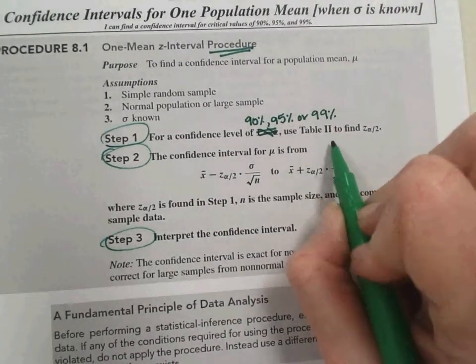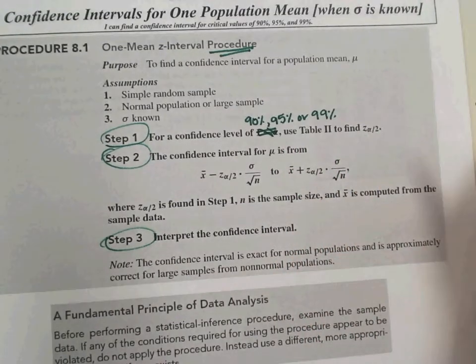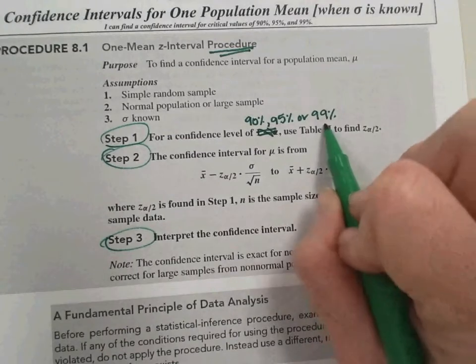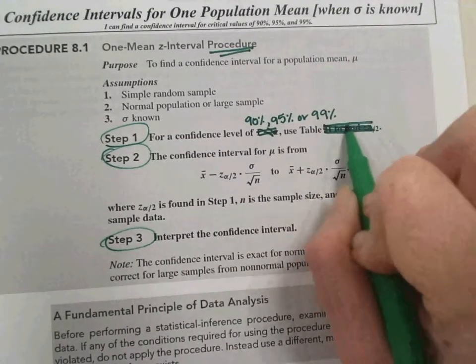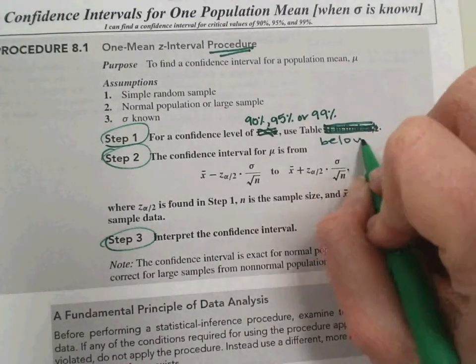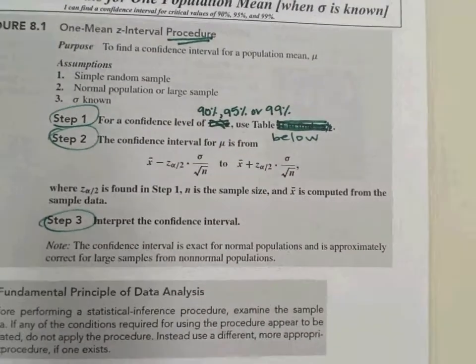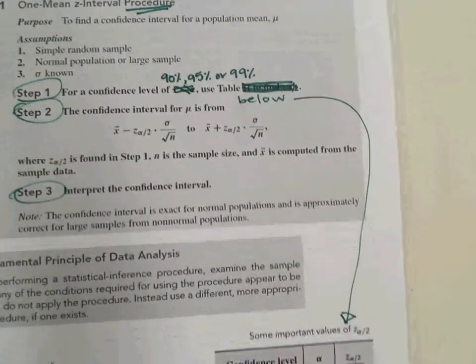And we're going to cross out where it says use table 2. Table 2 would be our z-score table, the blue chart. We're going to cross out the part to find z sub alpha over 2. We're going to cross all that out, and we're just going to write the table below and draw an arrow. We're going to just use this table right here.